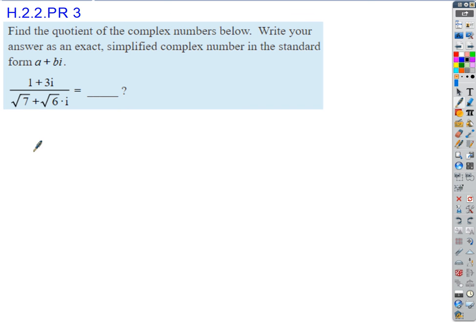And our strategy was multiply top and bottom by the complex conjugate of the bottom, right? So we're going to multiply top and bottom by the same expression as the bottom, but we're going to change the sign between the real and the imaginary parts, right? So radical 7 minus radical 6 times i. Make sure the i gets outside of the radical, right?